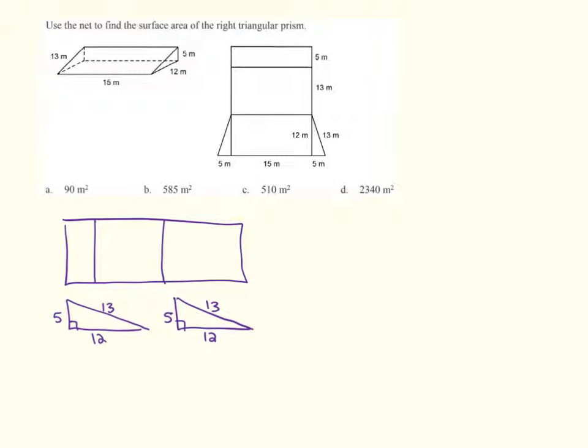For problem number 2, on your paper, I want you to draw the image that I drew in purple, and then once you get done drawing that, label the width and the length of each rectangle. I already did the triangles for you. You have to label the rectangles.